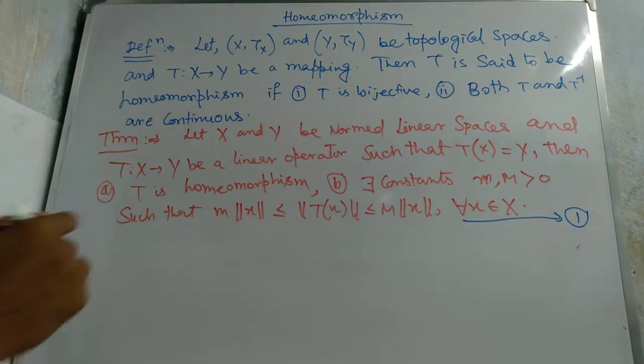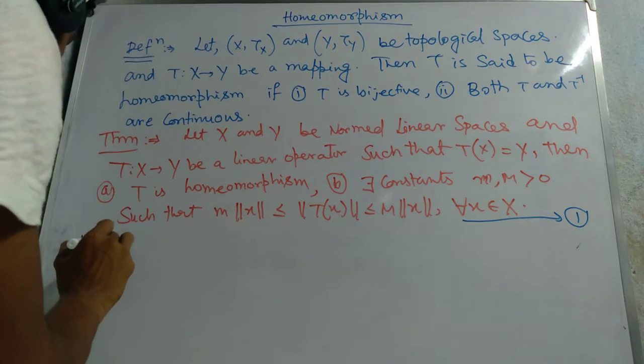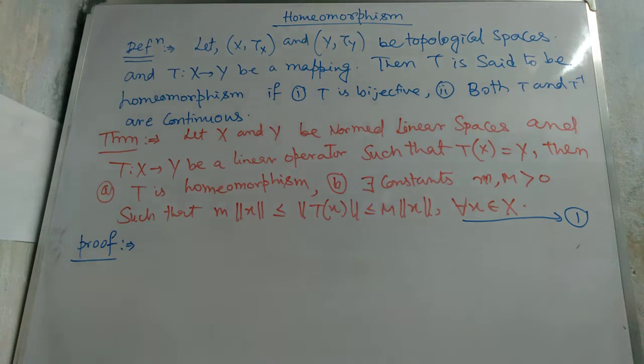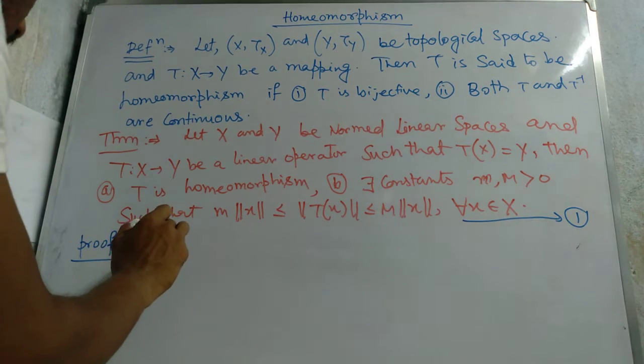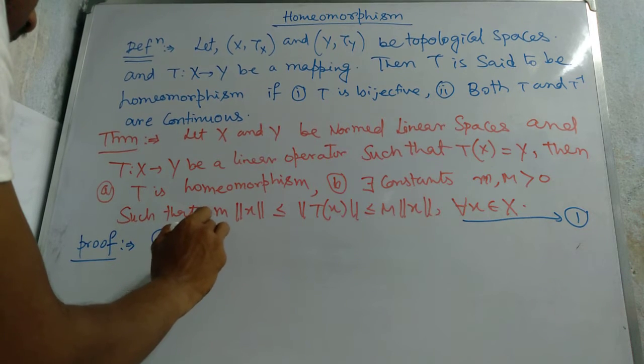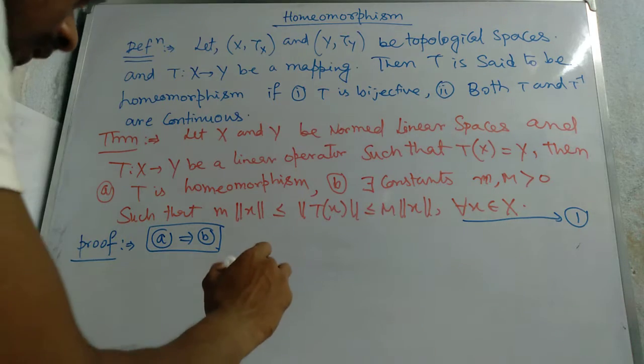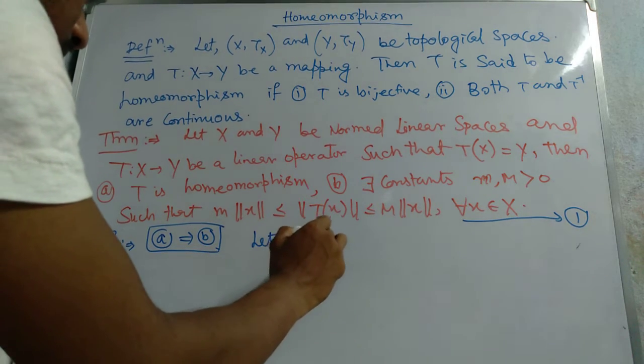Now going to the proof of this theorem, we start the proof. First, (a) implies (b). Let T be a homeomorphism.